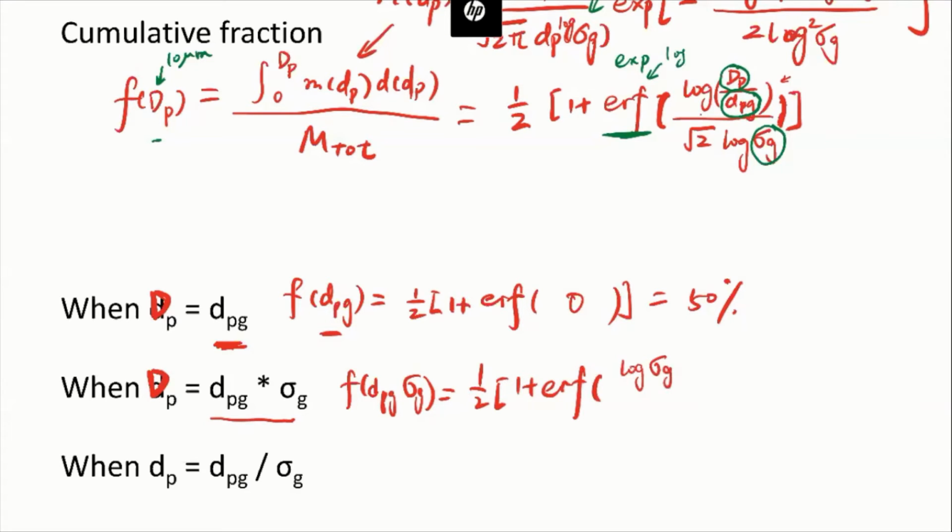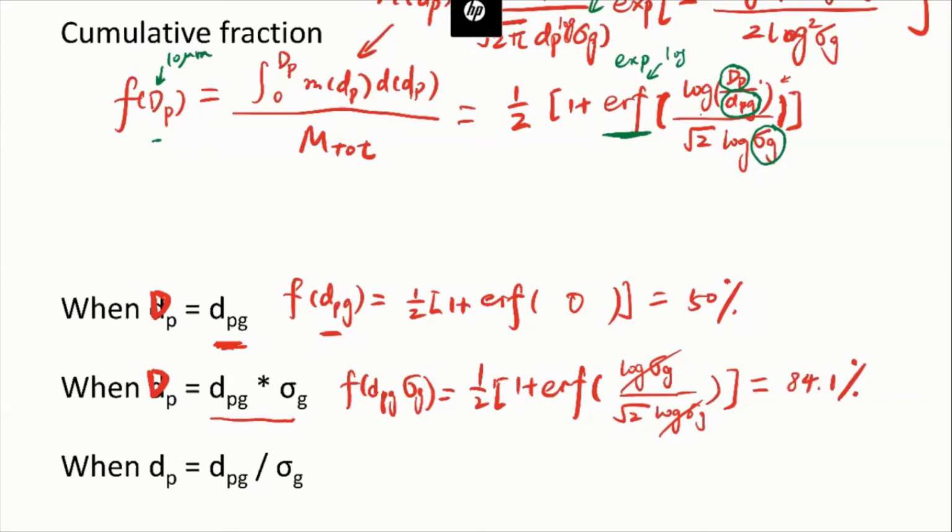On the denominator we have the square root of 2 times log sigma g. So these two things will cancel out, and we're going to get a constant value here. That's 84.1%.